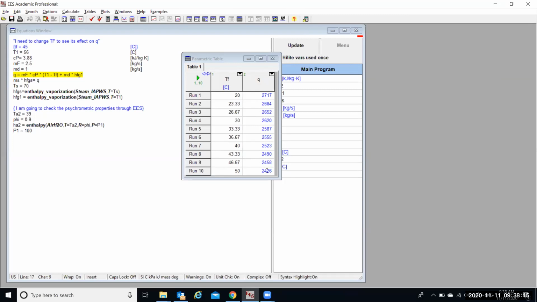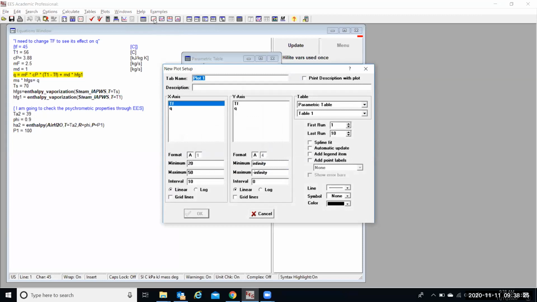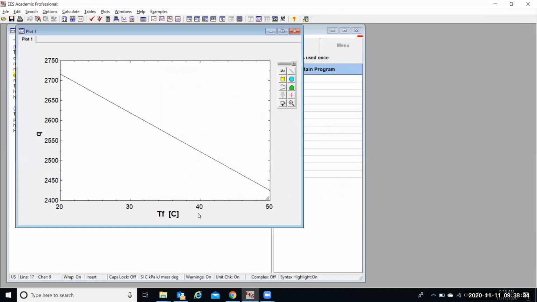Is that all? No, because one more thing is that this result that we got here, we can plot it. For example, if I ask for a new plot window, the x-axis will be TF and the y-axis will be Q, and here it is. So how the TF value affects the value of Q, and look at the values of Q here, they are changing from 2,400 to 2,750 or a little bit less.